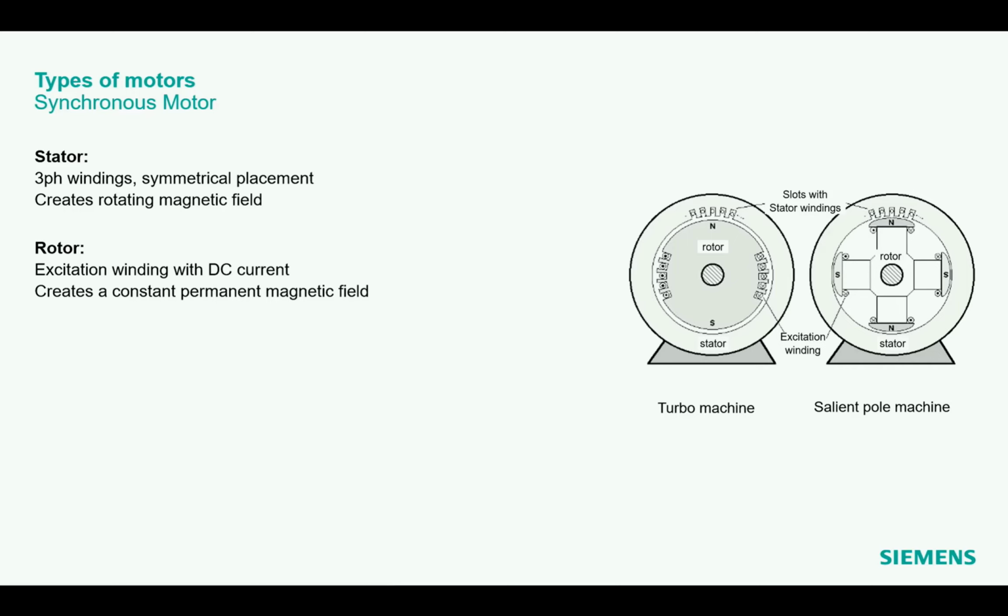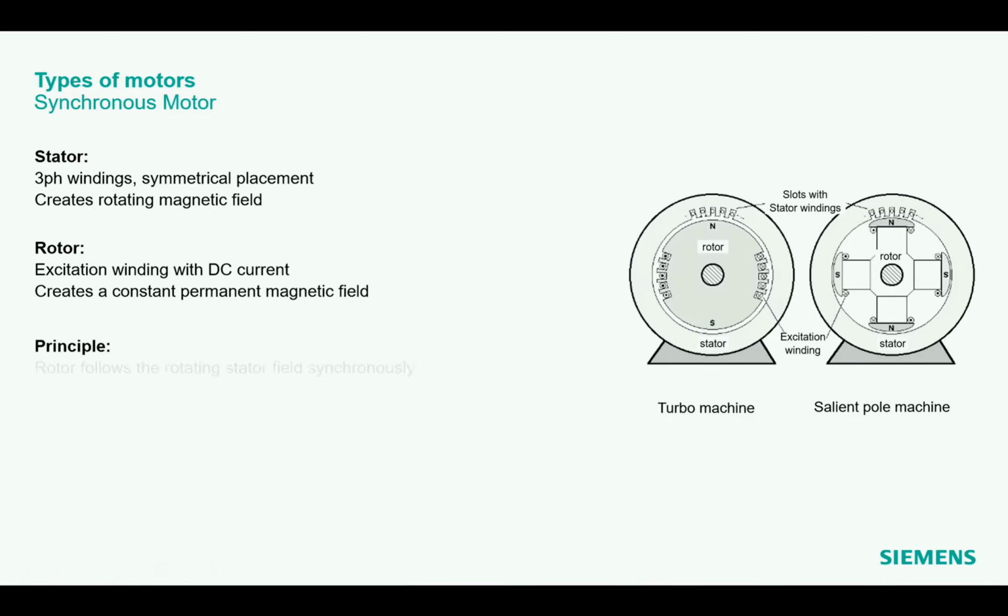We have a DC current on this rotor because we have a winding in the rotor, and here we inject a DC current. So in reality, it's a DC current with a lot of ripples, but the important part is the DC current, which creates us also a permanent, more or less constant magnetic field, which goes here through the rotor.